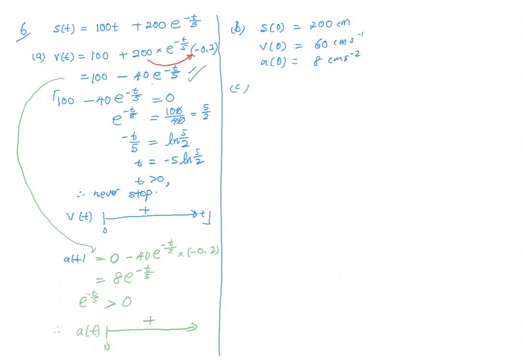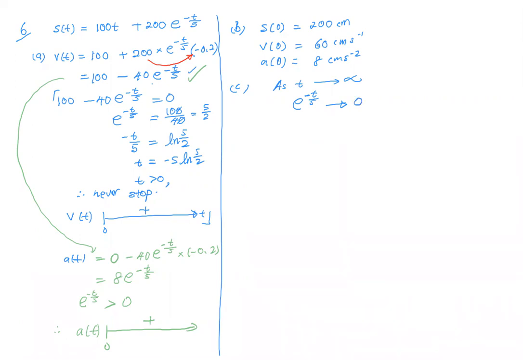They say discuss the velocity of P as t approaches infinity. So we are going to discuss this as t approaches infinity. What happened to e to the power negative t over 5? It approaches 0.